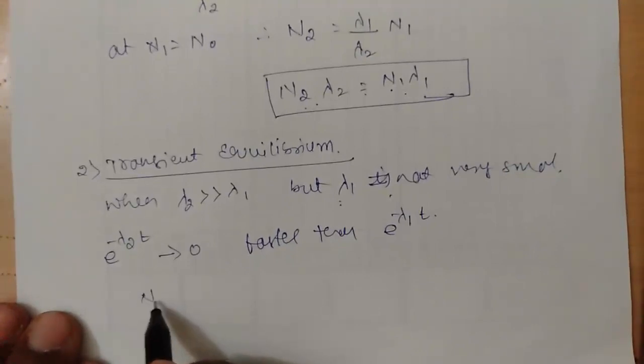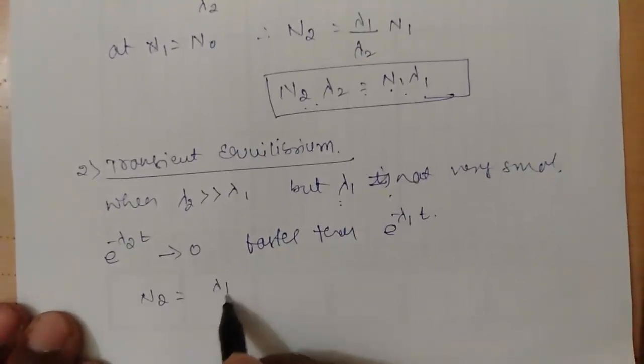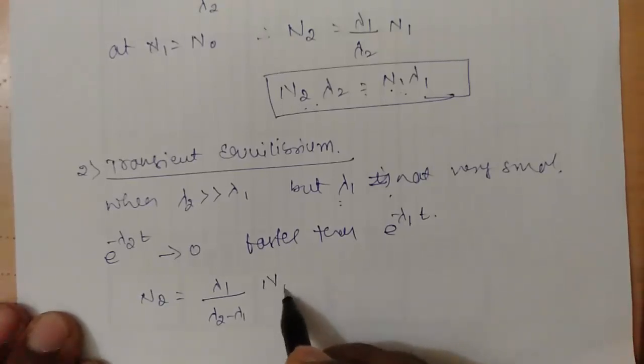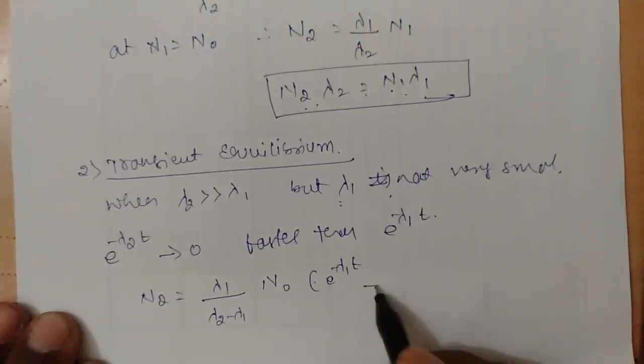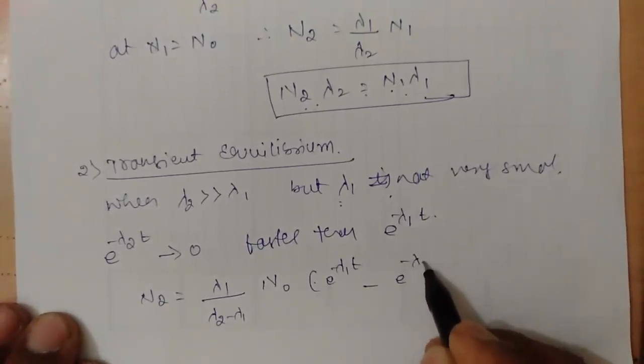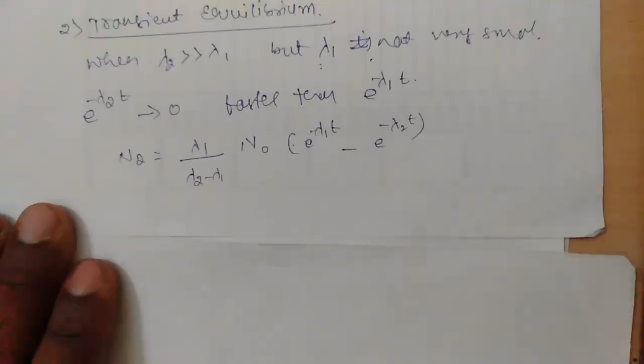So therefore we have the equation n2 is equal to lambda 1 divided by lambda 2 minus lambda 1 into n naught into e to the power of minus lambda 1 into t minus e to the power of minus lambda 2 into t.